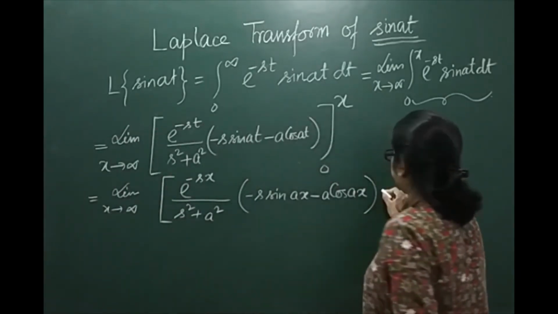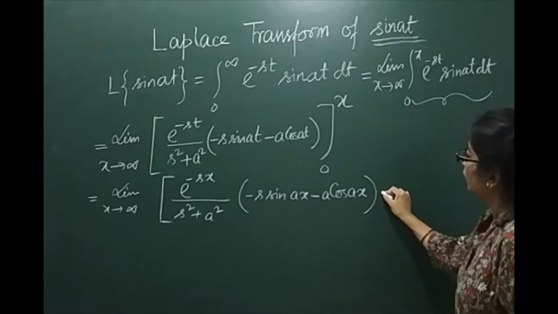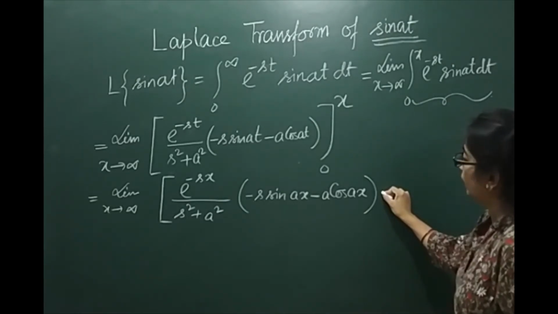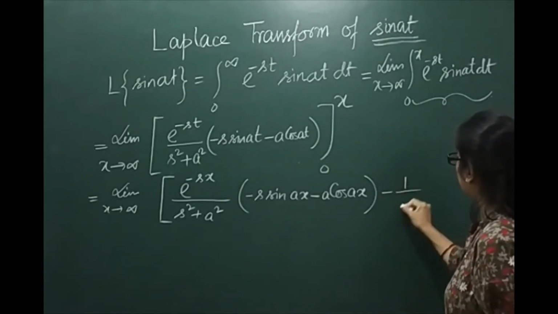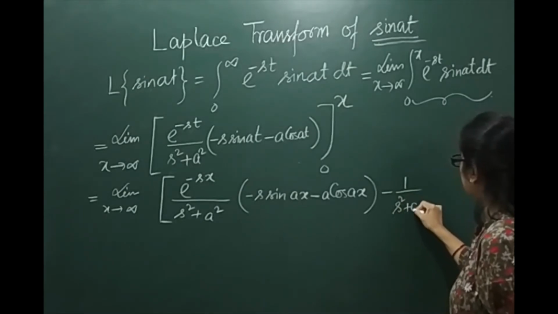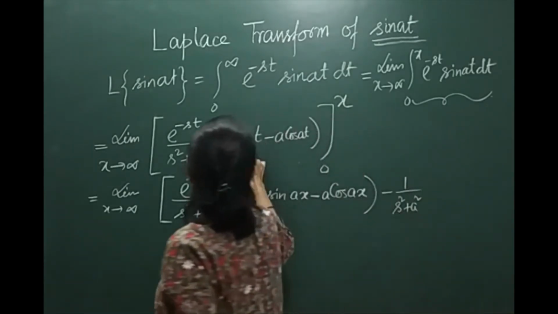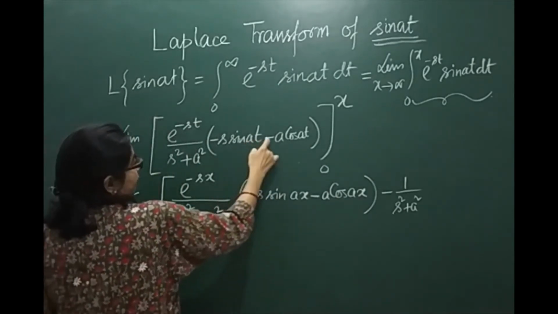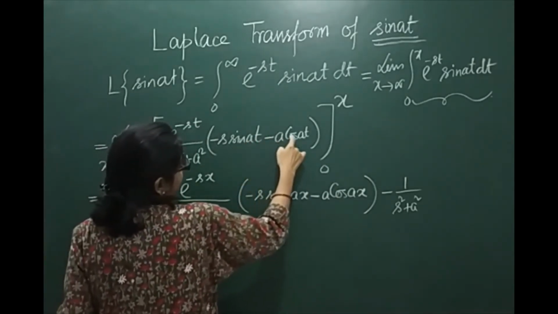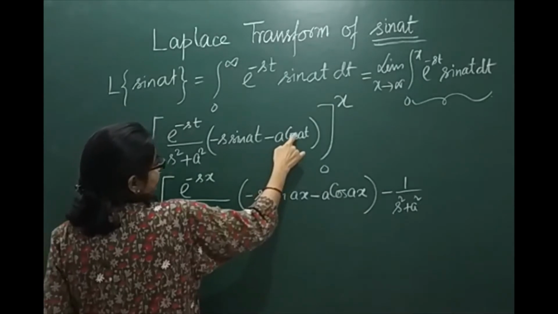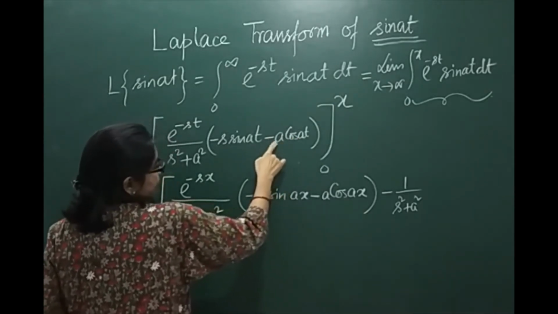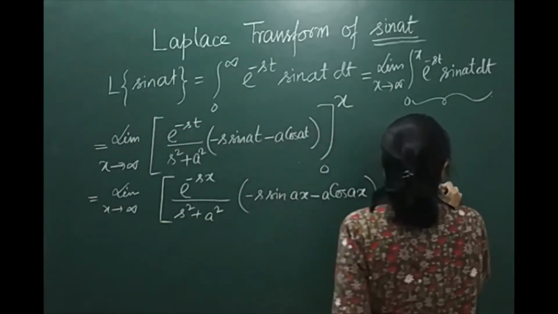So we will have minus 1 by (s² + a²), and here you see, if you put 0, then this term is 0, and here minus a cos 0, that is 1 times minus a. So we will have minus a.